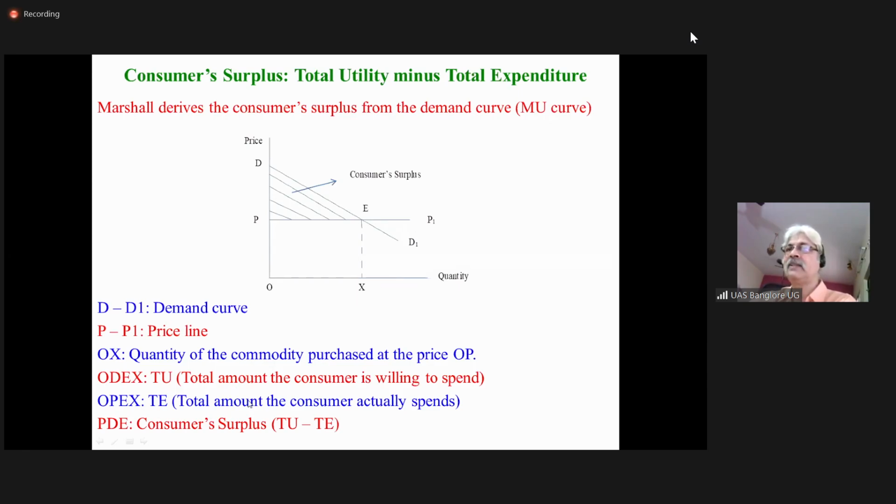OPEX represents the total amount spent, or total expenditure. And the difference between the two, this whole area minus this rectangle, leaves you with this triangle PDE. It represents the consumer's surplus.